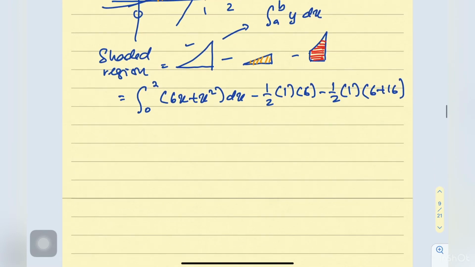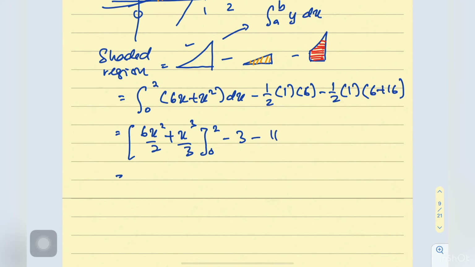This one we integrate: 6x squared over 2 plus x cubed over 3, from 0 to 2, minus 3 minus 11. Then simplify.